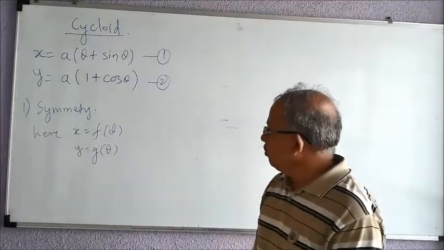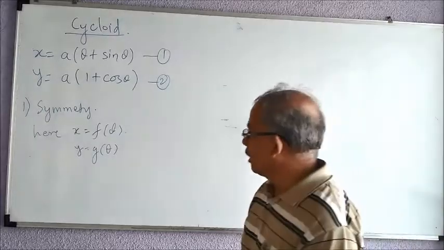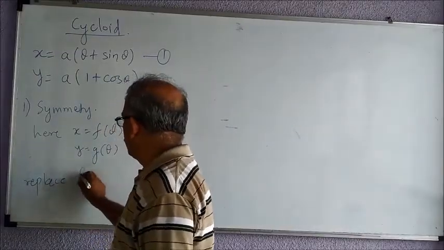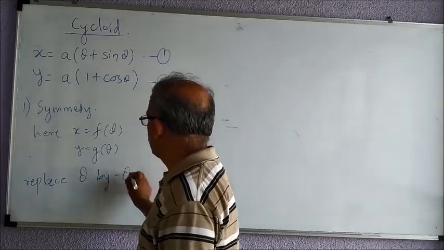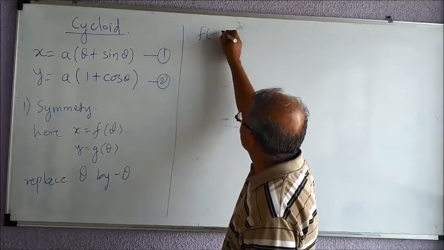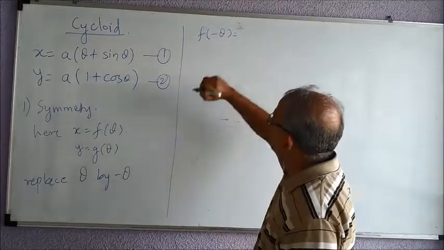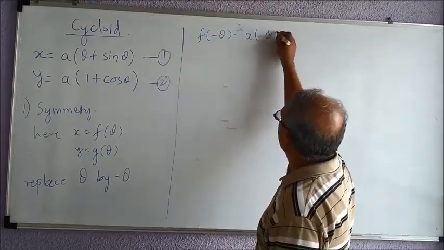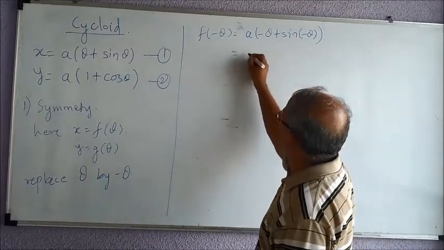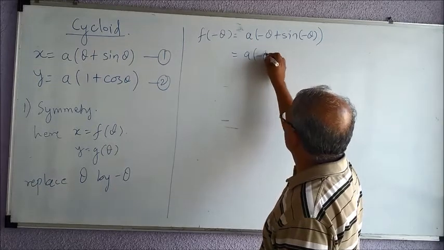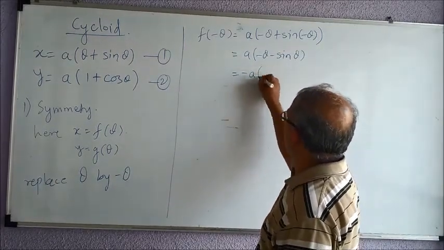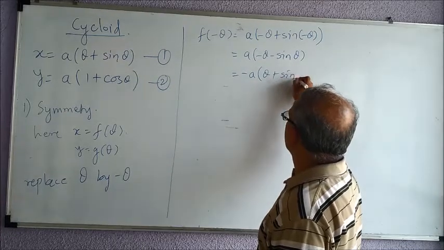Now if I replace theta by minus theta, what will we get? f of minus theta will be a into minus theta plus sine of minus theta, that is equal to a into minus theta minus sine theta, that is equal to minus a into theta plus sine theta.